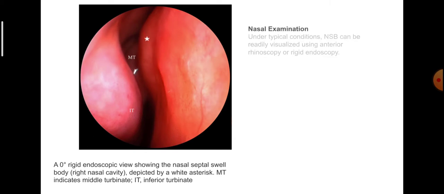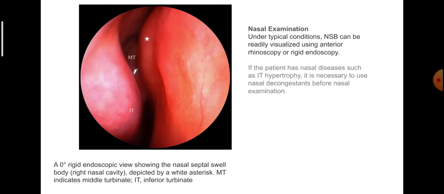Nasal examination. Under typical conditions, the nasal septal swell body can be readily visualized using anterior rhinoscopy. If the patient has nasal disease such as inferior turbinate hypertrophy, it is necessary to use nasal decongestants before nasal examination.